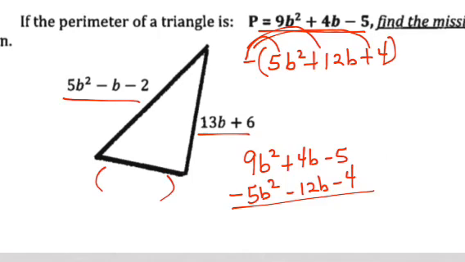So then 9b squared minus 5b squared is 4b squared. Positive 4b and a negative 12b is a negative 8b. And a negative 5 and a negative 4 gives us negative 9.